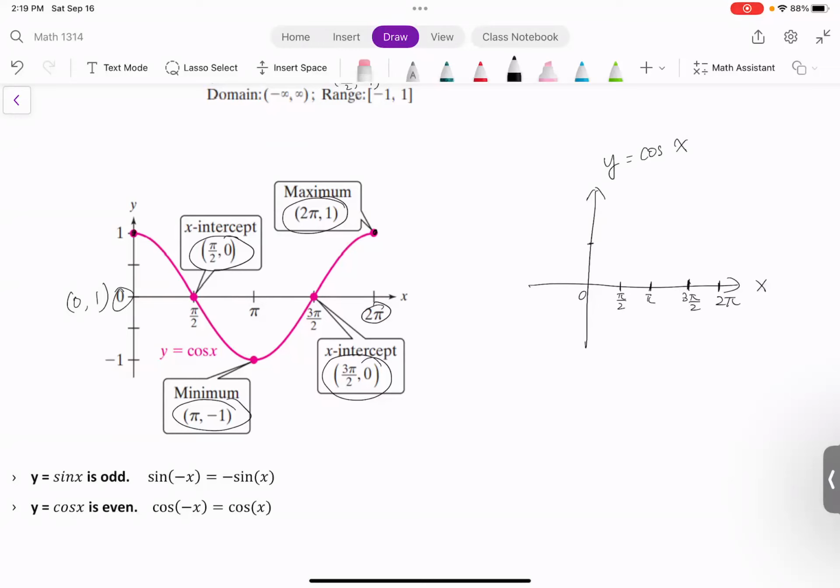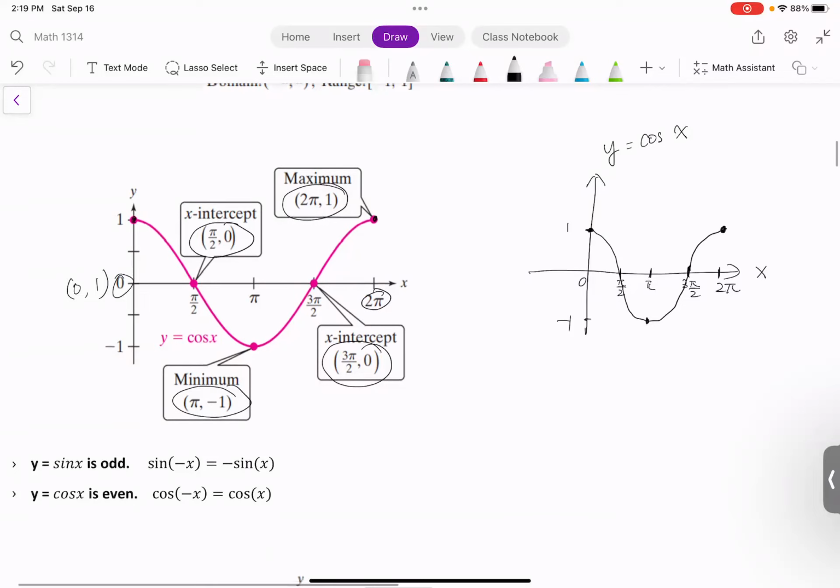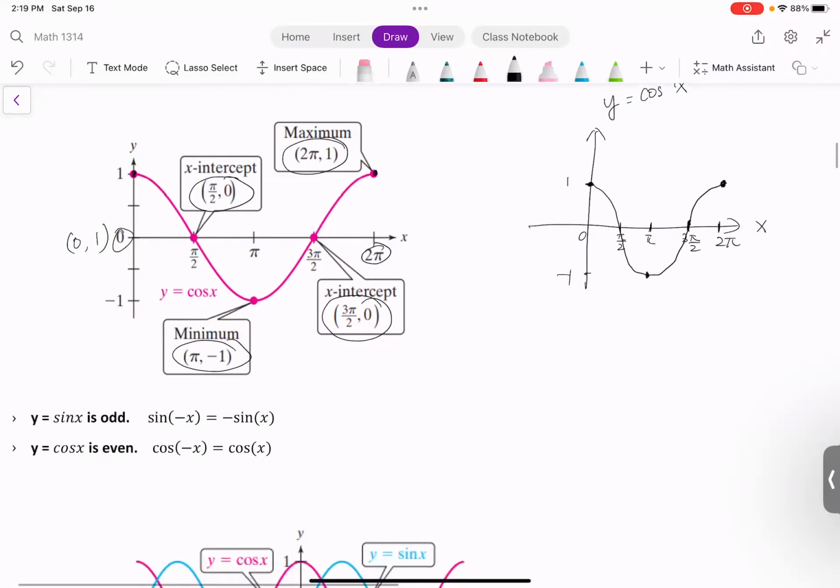So the maximum is 1, minimum is -1. From the peak, it's going down, and then here is the minimum, going up, and go back to the peak, which is the y value equals 1, x value equals 2 pi. So pause the video and practice this one several times, and remember these 5 key points.